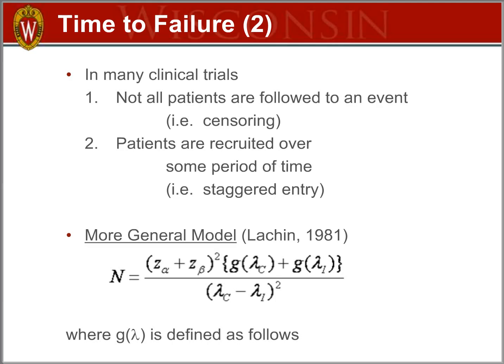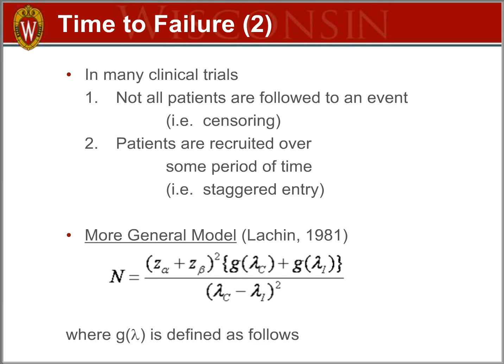And we will do our best job, but patients will be recruited over some period of time, or what's usually referred to as staggered entry. The formula at the bottom of this slide, under the label of Lachin, is a model which has a very general form, but it's of the same form. That is, there's a z sub alpha plus z sub beta, the quantity squared, in the numerator.